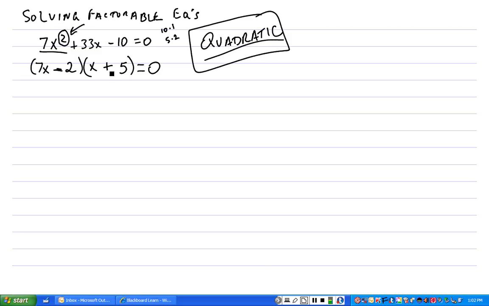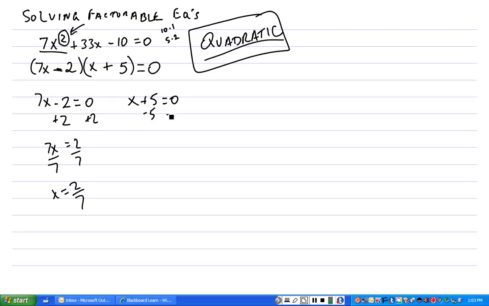the problem is in this form, so I have my factors set equal to 0. So all I do now is set each factor that has a variable in it equal to 0. And here I get 7x equals 2. Divide by 7. X equals 2 over 7.